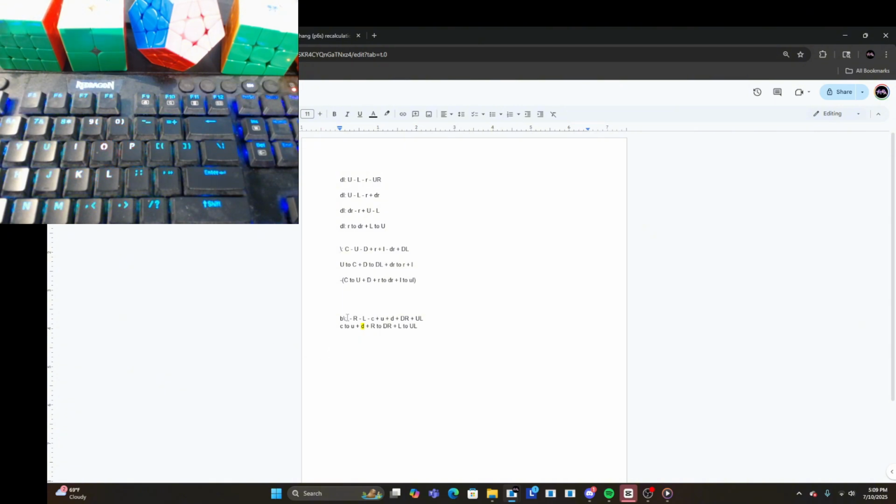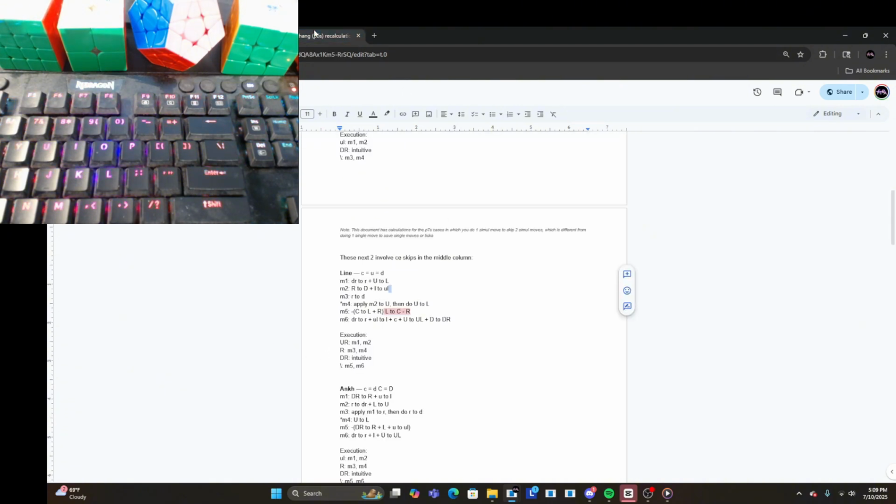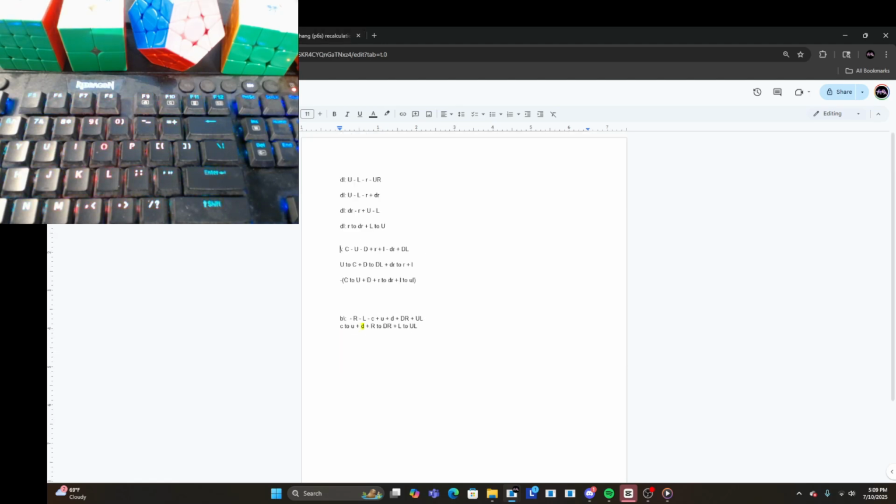So if one of them is short, then the other one's going to be really long, right? So as you can see for the line case, this is something crazy. It's like 9 clocks, which is only 3. So yeah, that's basically all you need to know about getting the memo from the inverse matrix.